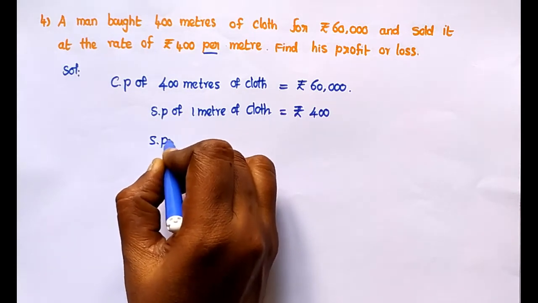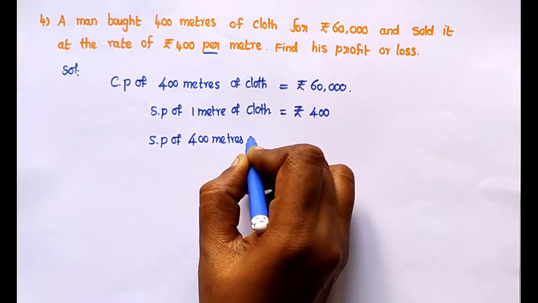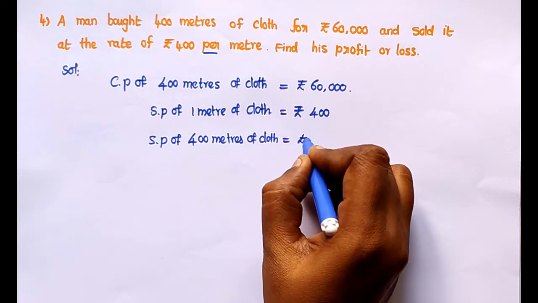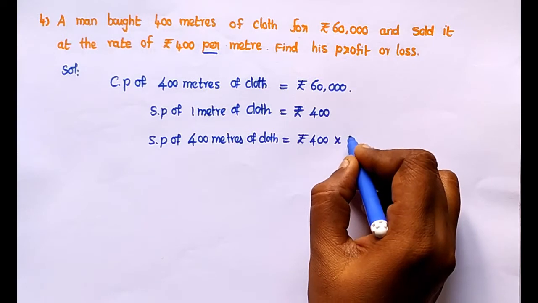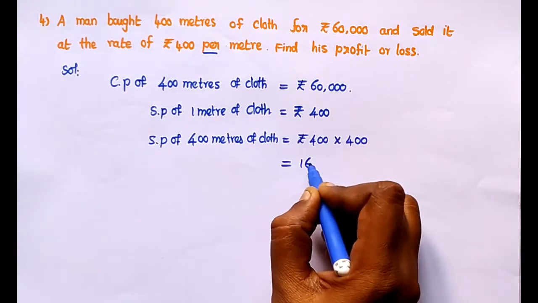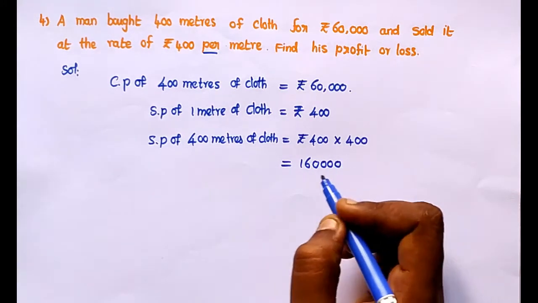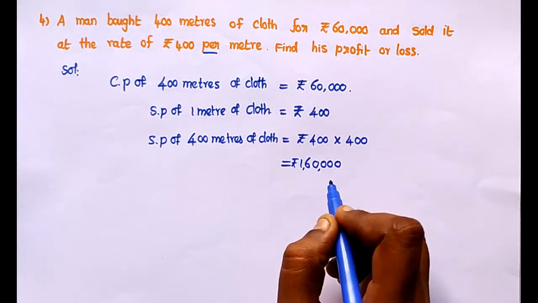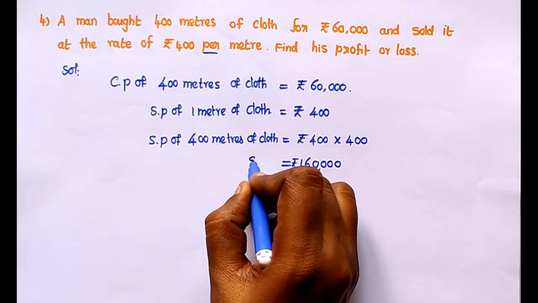So the selling price of 400 meters of cloth is equal to rupees 400 into how many meters? 400 meters. 4 4s are 16. Here 2 0, here 2 0. So 4 0 we have to put. So 1,60,000 is the total selling price.